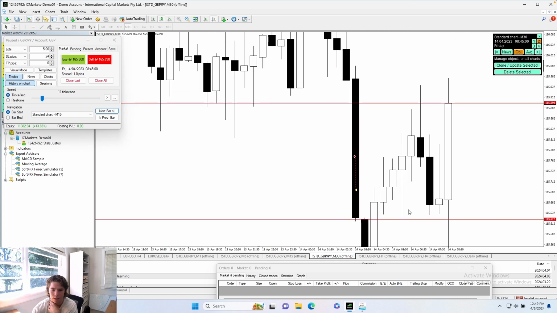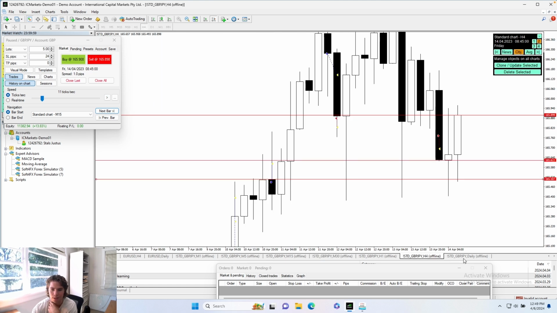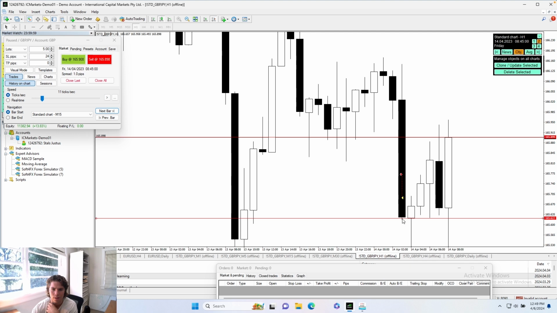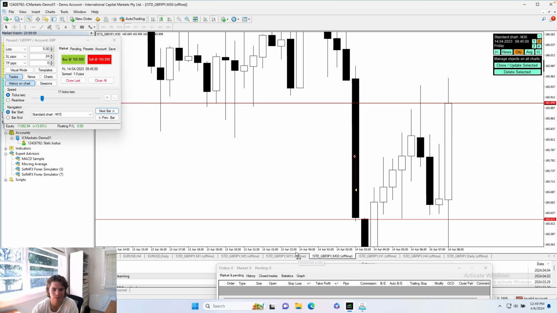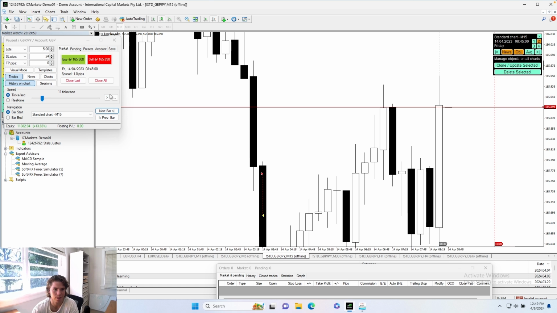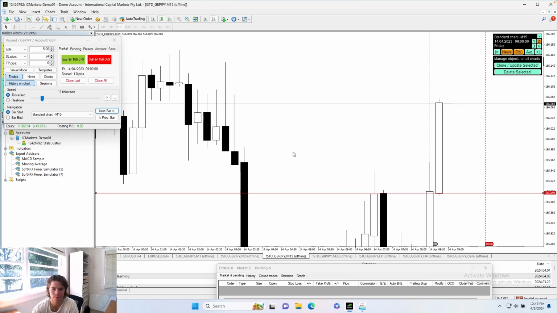Nice rejection. So you can see we rejected that level once again. Daily rejected that level. Hourly. I don't like this hourly level. I don't like this entire range. This entire range doesn't look very good to me. Lots of noise. Lots of areas price could reject that. There you go.